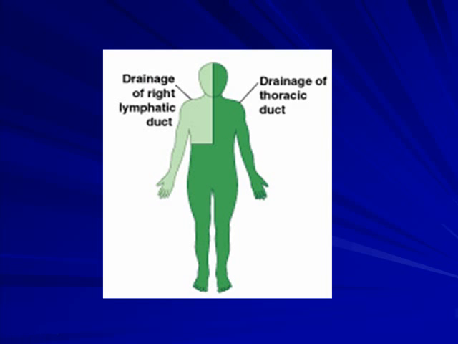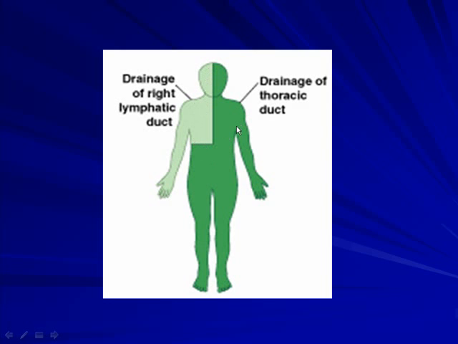Also, and excuse the blurriness of the picture, you should recognize what is drained in the lymphatic system by the thoracic duct and by the right lymphatic duct. As you can see, the right lymphatic duct drains all the aspects of the body that are in the right upper quadrant, which includes the right portion of the head, the right portion of the chest above the diaphragm, and the right arm.